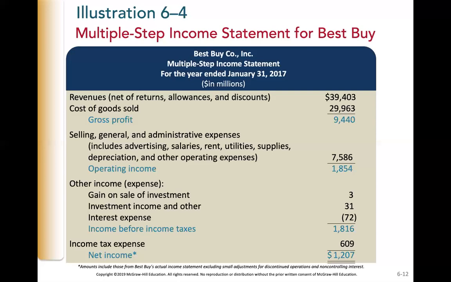So your last level of profit is your net income. So, in review, revenues minus cost of goods sold is gross profit, your first level of profit. Second is your operating income. You take your gross profit and subtract your selling, general, and administrative expenses. From your operating income, you add any other income and subtract other expenses to get income before income taxes. Lastly, you subtract income tax expense to get net income.